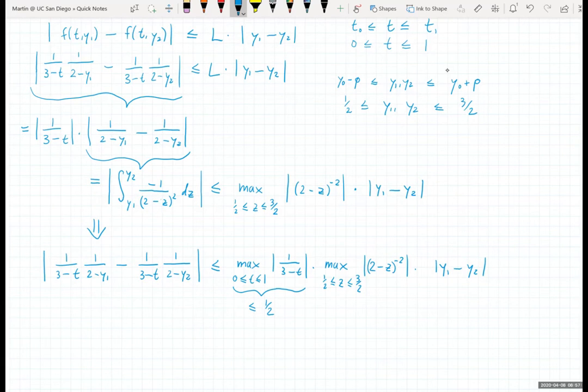On the other hand, this maximum in z is largest if z is closest to 2, which happens to be the case if z equals 3 over 2. So we've got 1/2 to the negative square, which gives us 4. We conclude that the entire thing is bounded from above by 2 times y1 minus y2. And that too is my constant L.